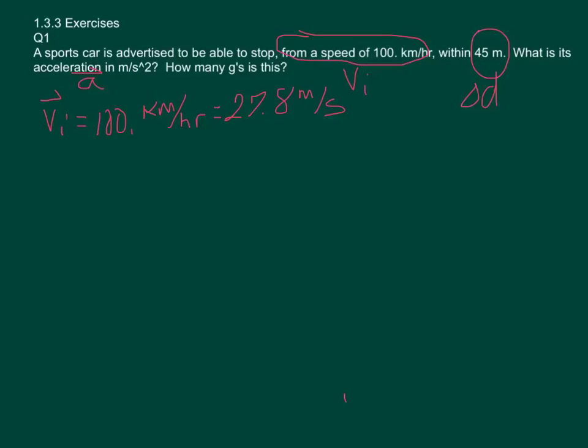Okay, we have a displacement of 45 meters. We want to know A. Oh, and we know VF. Should have put that up earlier. We know he comes to a stop. Okay. So we want to solve for A, and we have VF, VI, and D.